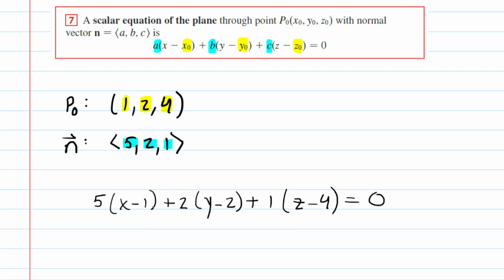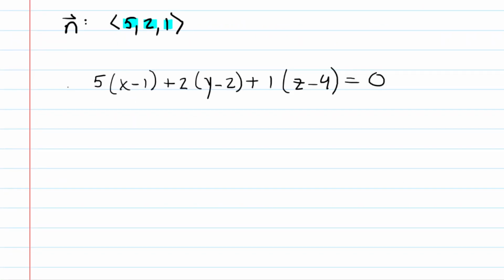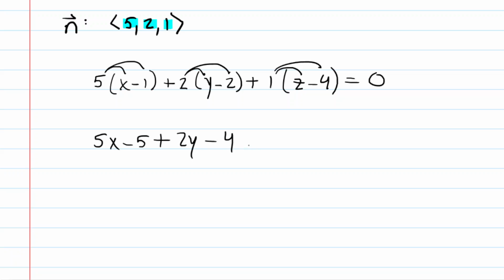There we have it, and this is perfectly acceptable as a final answer. A lot of times you'll see your teacher distribute these coefficients, so we'll go ahead and do so just to clean up the equation, or at least put it in a different form. So we'll have 5x minus 5 plus 2y minus 4 plus z minus 4, and then often we'll combine all of the constant terms.